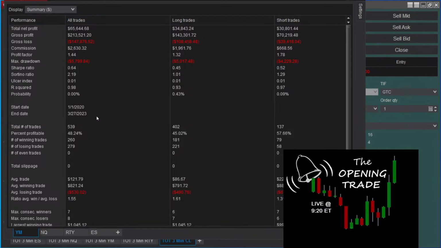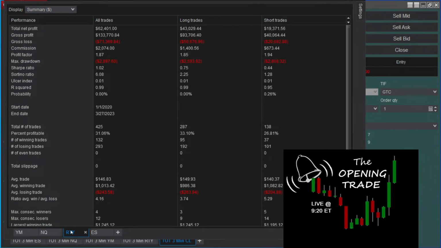Here's the start and end date of our back test. Obviously, it's 3+ years. Max drawdown, gross loss, and total net profit. Two minutes later, we could potentially see the Russell 2000 futures trade. Here are the back test results for that: the start and end date, the max drawdown, gross loss, and total net profit.